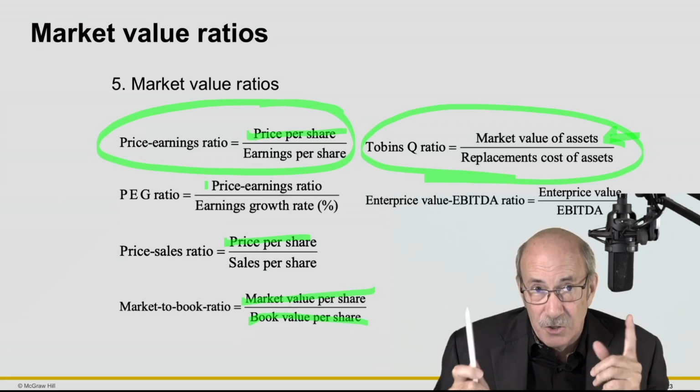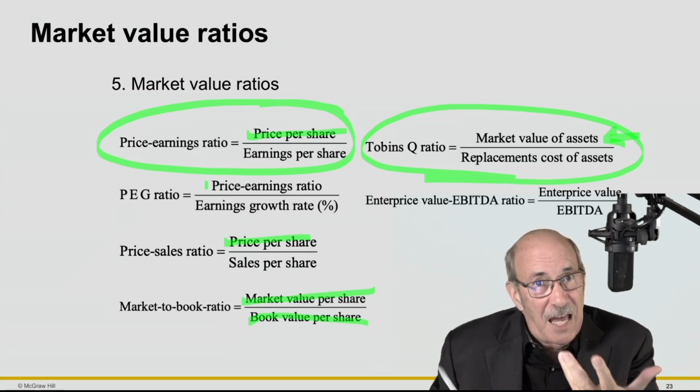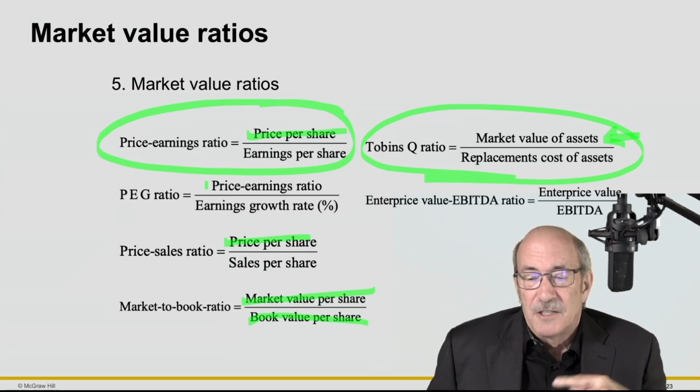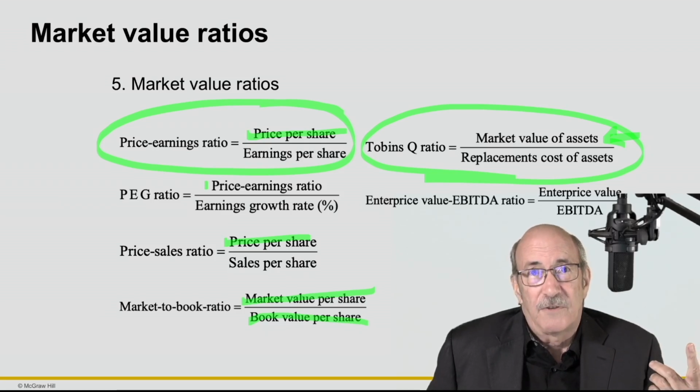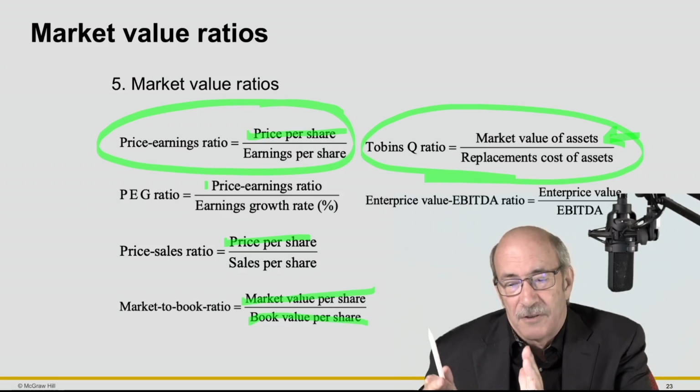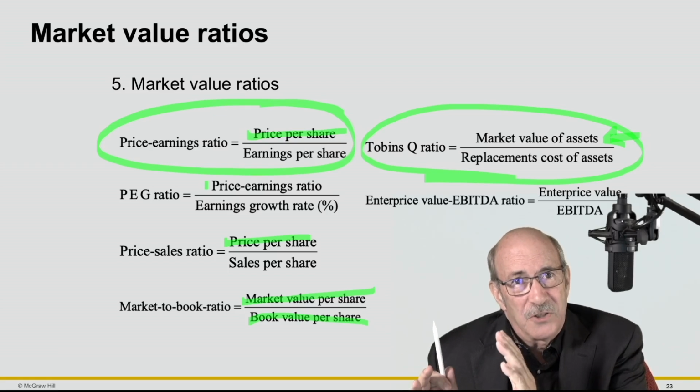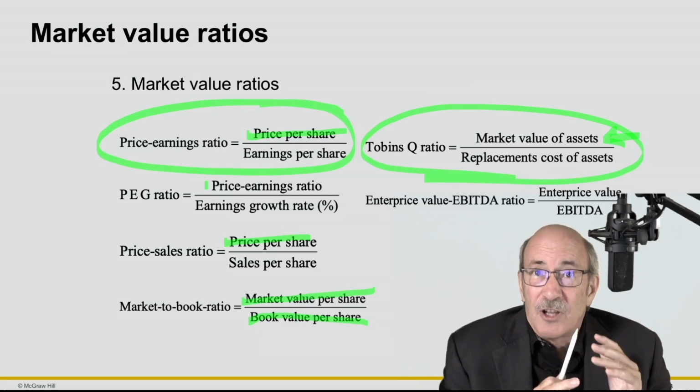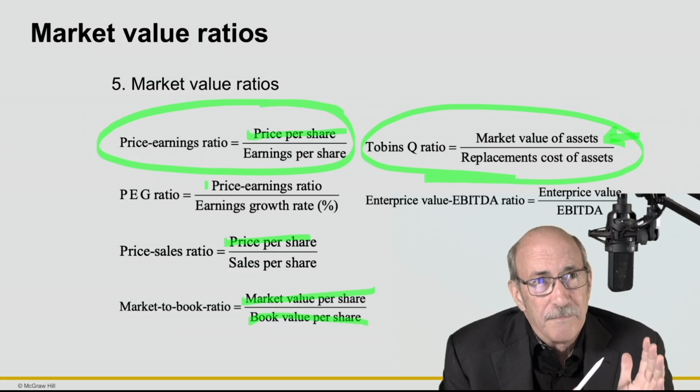Market value of each of those, that together would be the market value of the assets, divided by the replacement costs of those assets. So the numerator is the right-hand side of the balance sheet. The denominator is the left-hand side of the balance sheet.